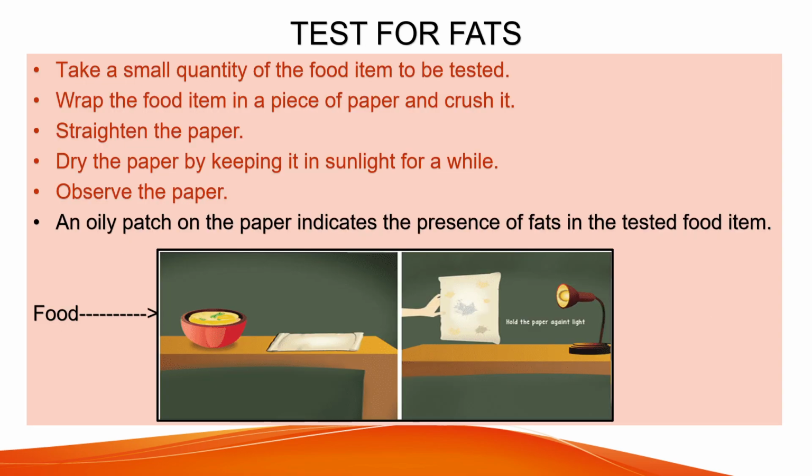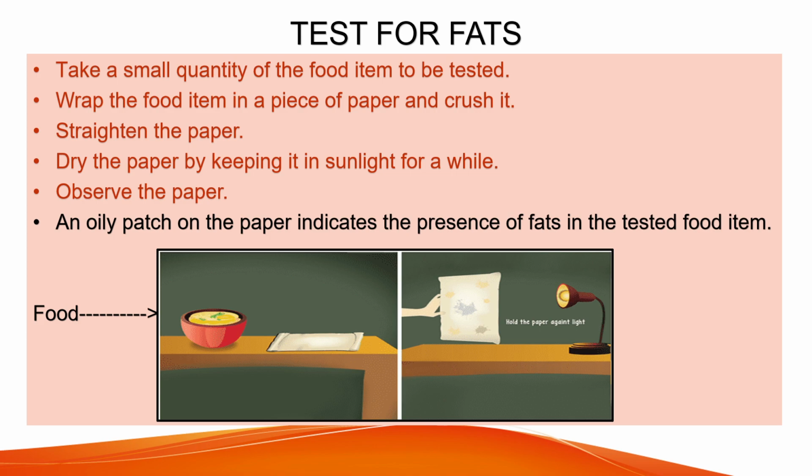Now, if we want to test for fats in any food item, what will we do? We will follow a procedure: take a small quantity of the food item to be tested. Like in your bowl, you can see that food item is kept. We take a small quantity because we are not going to waste.